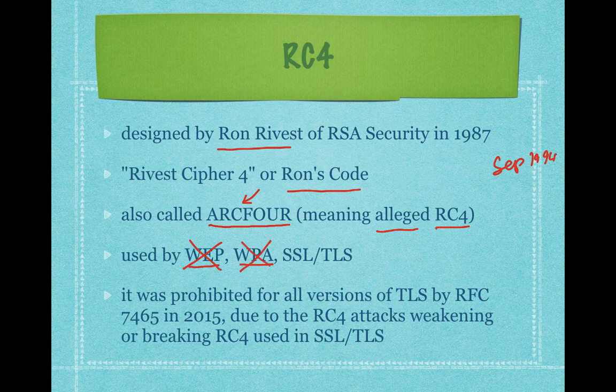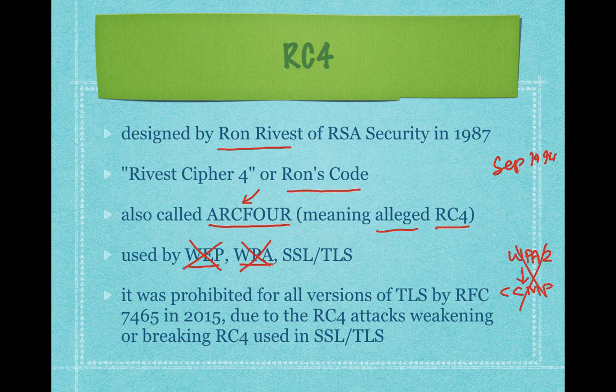You should not use WEP or WPA. If you are using wireless, you should only use WPA2. WPA2 has a different protocol called Counter Mode CBC MAC Protocol, CCMP, which internally uses AES. We don't go into the details of all these things now.